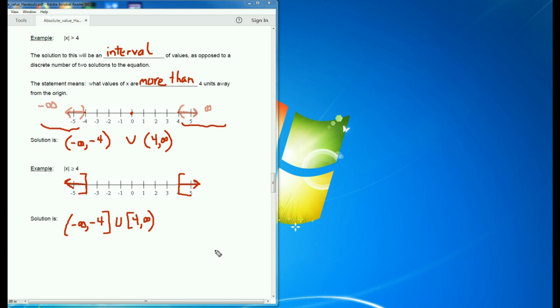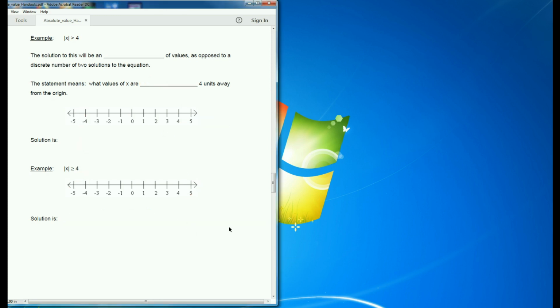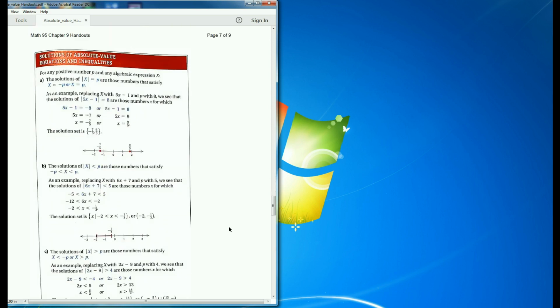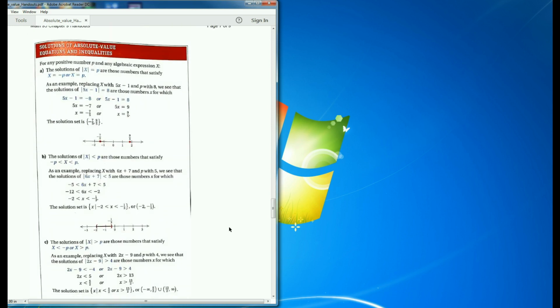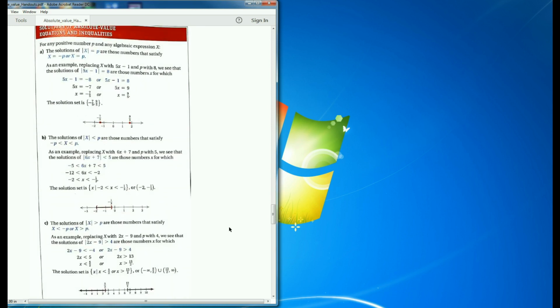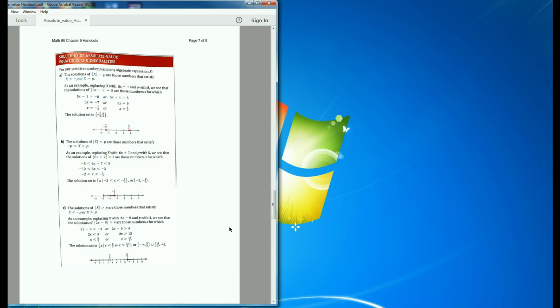All right, gonna erase and go on to the next page. And for those of you that did already get my feedback from your assignment 6, I recommended that you look at this summary, and let me just find the page real quick.